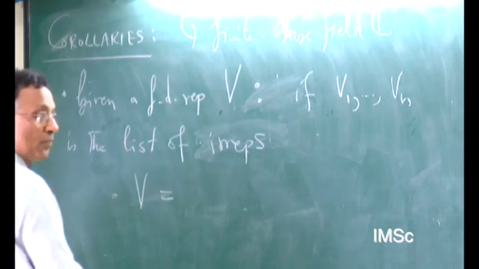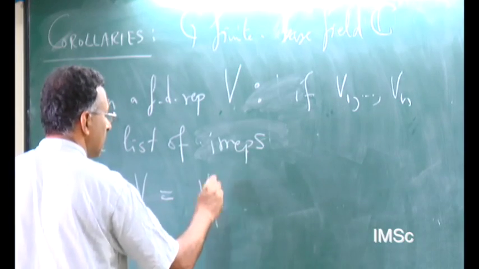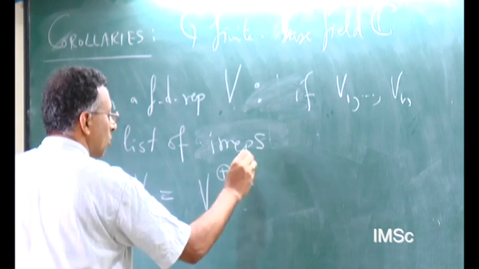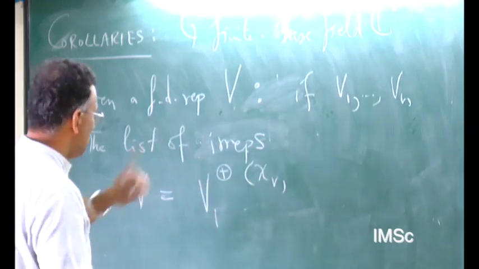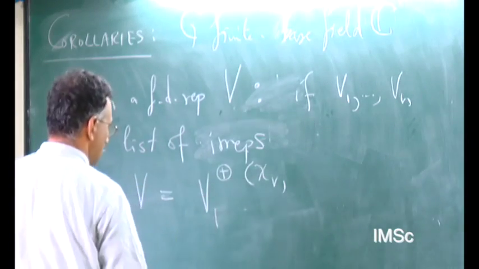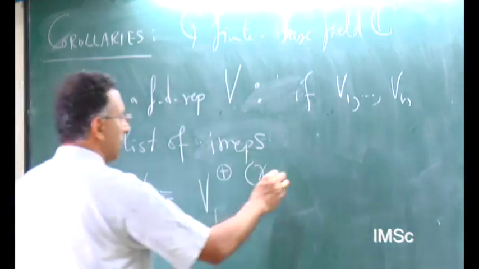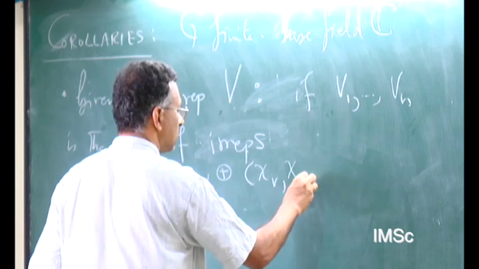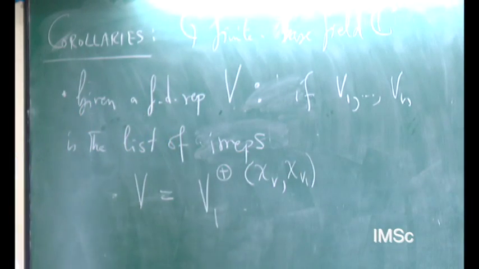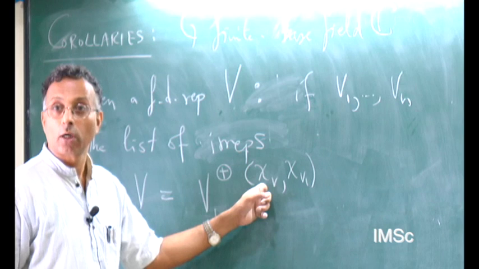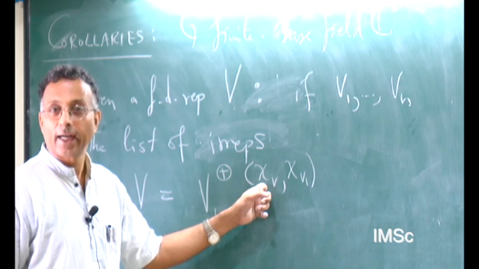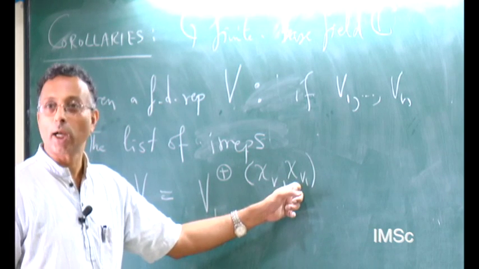In the sense that V is equal to V1 direct sum and so on. What you do is take chi V. Let me write it here. The number of times this appears is exactly the inner product of the character of V with the character of V1.